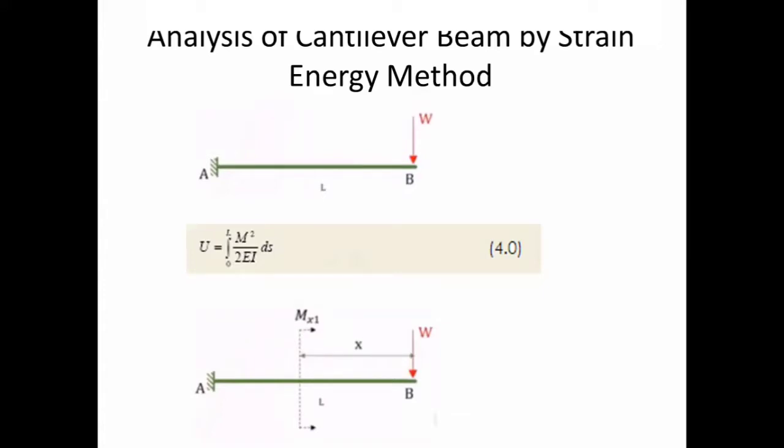So for strain energy due to bending, I have used the equation M square ds upon 2 EI. For this beam, from free end B, I have considered one section situated at a distance x from our origin B. As per the sign conventions, I have written the value of bending moment in terms of load and distance, which is minus W into x.